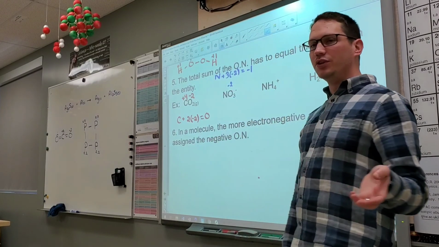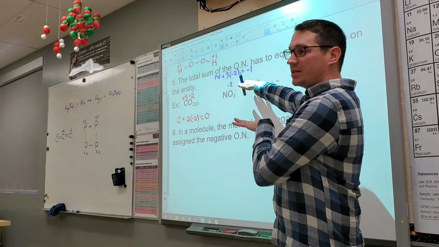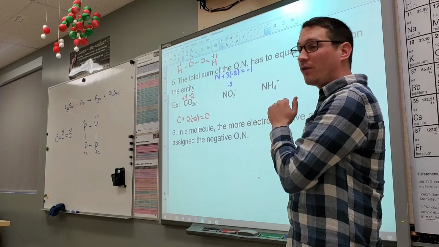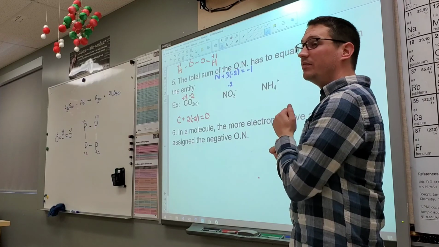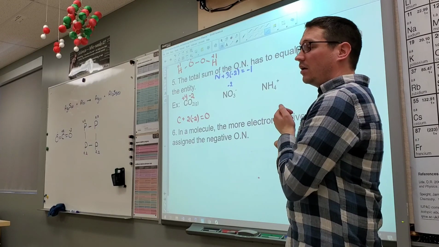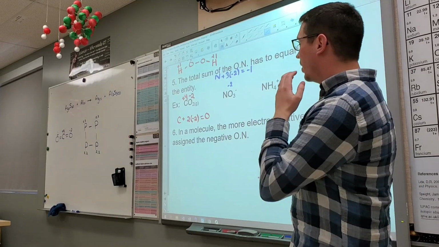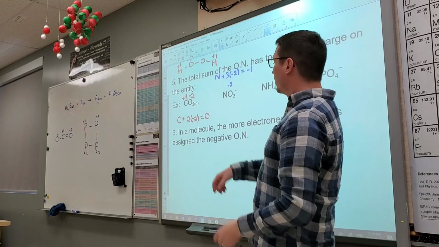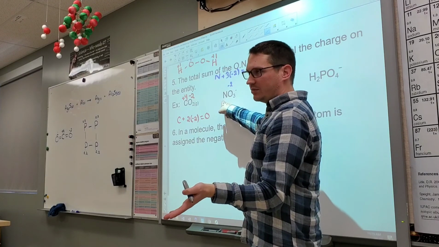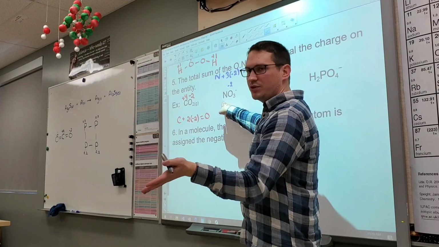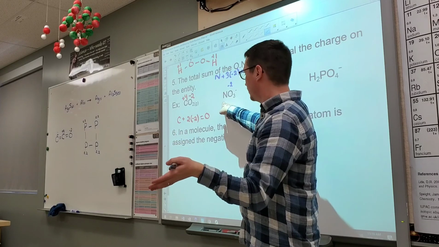So all you have to do is rearrange this equation. Now, for people who are bad at rearranging equations, this method is going to be very painful. The other way of thinking about this is, if the oxygen is negative, what does the nitrogen have to be? Positive. Would you agree? It has to be positive, okay?